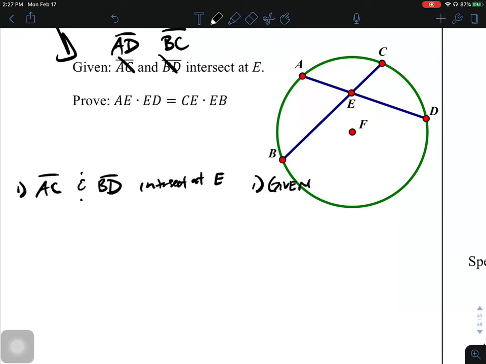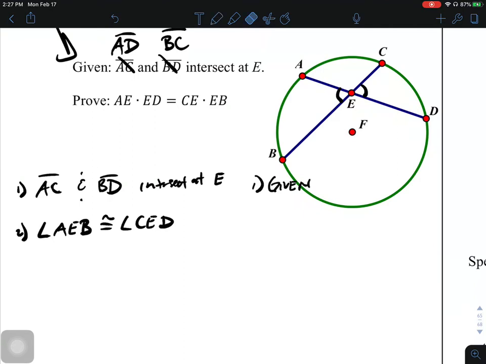If you look at this picture, what else can we infer? Well, wouldn't you agree that these two angles have to be congruent because of the vertical angle theorem? So let's jot that down. Angle AEB is congruent to angle CED.